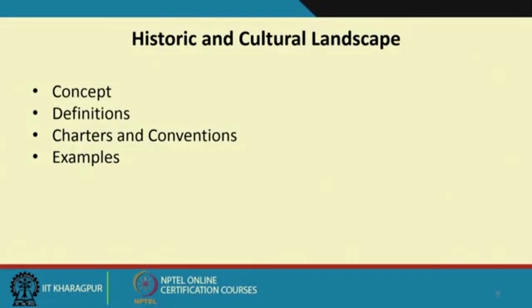So, mapping or building up that cultural landscape is a very important part when we try to understand conservation in a larger context. These concepts and definitions are universally accepted and internationally recognized, with charters, conventions and various examples. We will talk about the historic and cultural landscape in one of the modules.